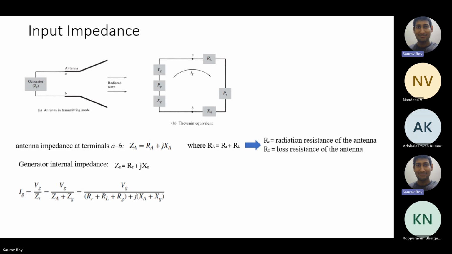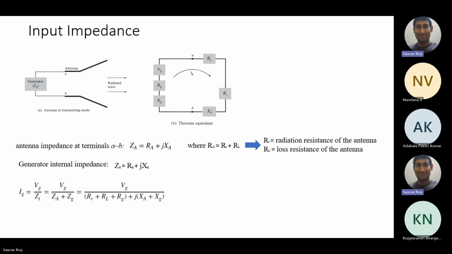The top left picture shows the antenna with terminals A and B, which is fed by a generator with impedance ZG, and the equivalent Thevenin circuit is shown there.